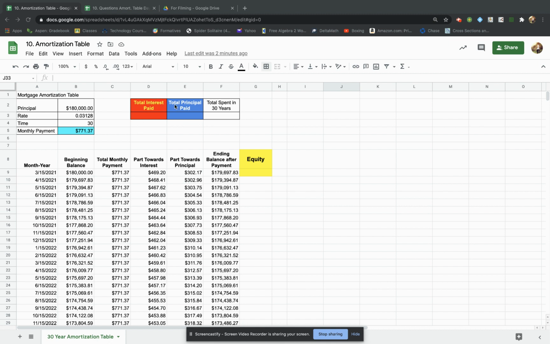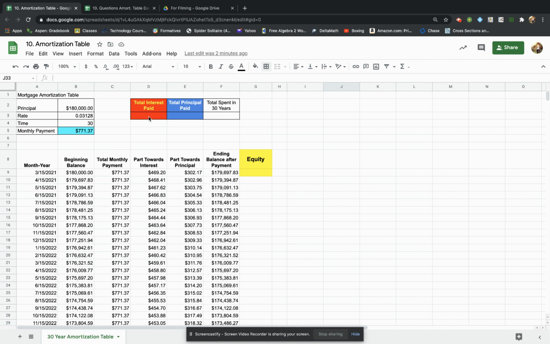Okay, so now we have these two numbers at the bottom of column D and at the bottom of column E, which is great. But it would also be helpful to have them up here, so that when we change numbers over here, we can see what it's doing to both our interest and the total amount of money we spend in 30 years.